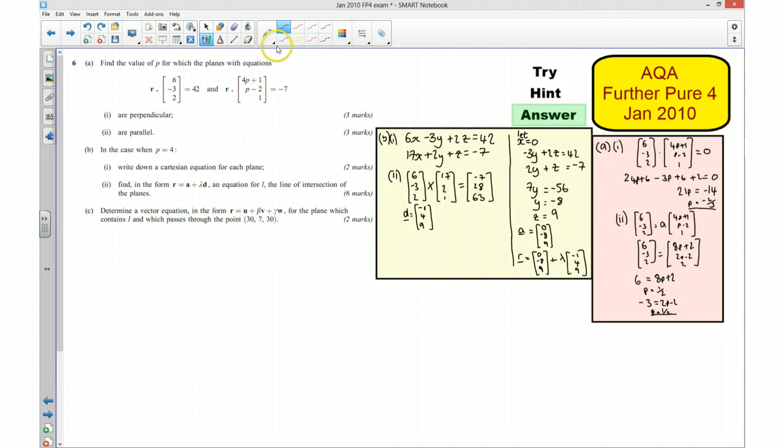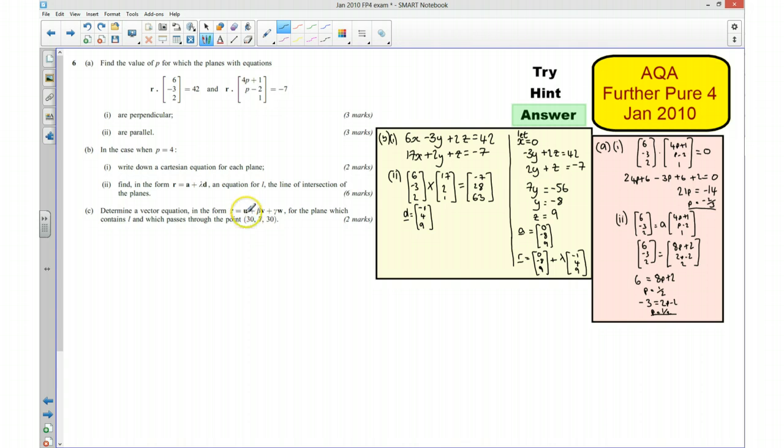Okay, right, so before we move on to part C, I'm just going to tidy up. For part C, we want to find a vector equation for a plane that contains our line L, so it contains this line here, and it passes through the point 37, 30. So this equation of a plane in this parametric form means that we need a position vector, so a point which the plane passes through, and we need two non-parallel direction vectors.